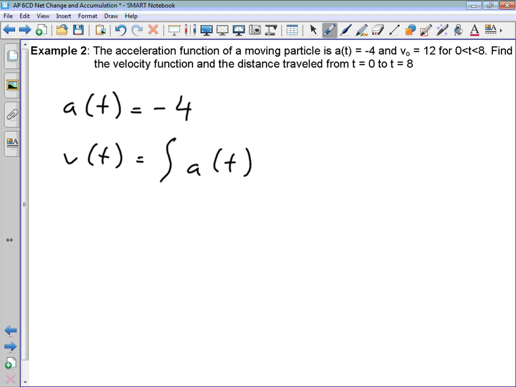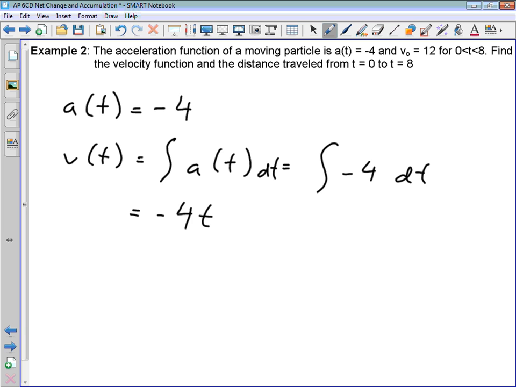So if we take, let's just sub this in here. So we want to do, I should have a dt in there, sorry. So we want to do the indefinite integral of -4 dt. So basically we want the antiderivative here, which is going to be -4t.